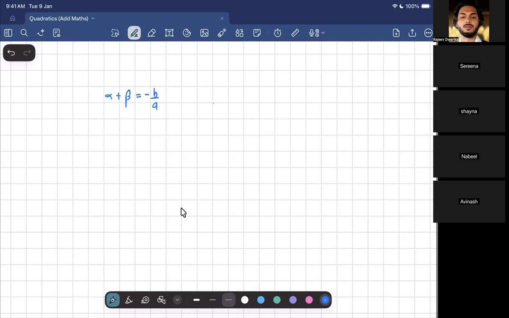If I want to find the product of the roots, that would be c over a. And if I want to reconstruct my quadratic, given that I know what the sum and the product are, how would I do that? x squared minus the sum of roots times x plus the product of roots equals 0.